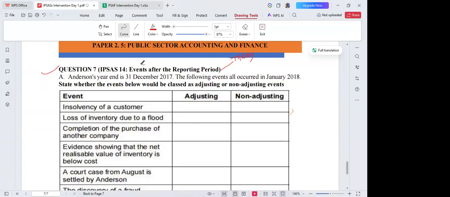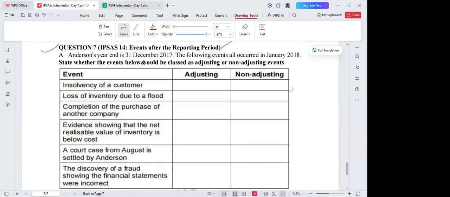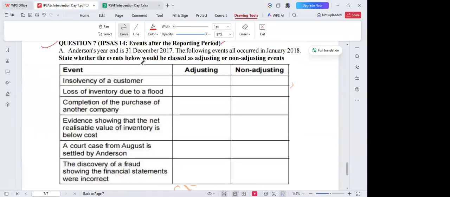Adjusting events are events in which the underlying conditions exist as at the year end, so they exist before or at the year end. And the non-adjusting ones do not exist before or at the year end. So let's look at this question, classify this, and then we move on.